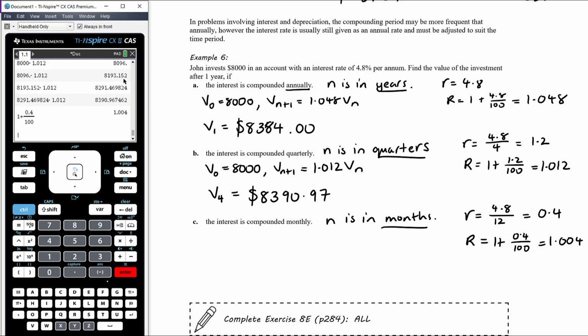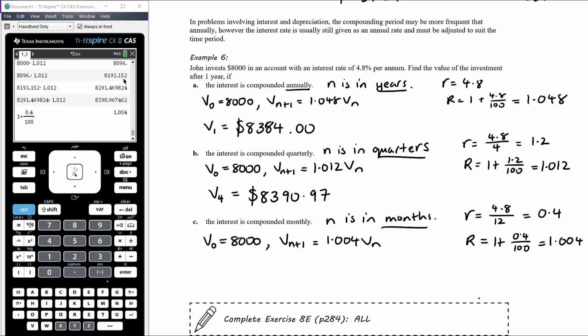That's a 0.4% increase every month. Using the method that I do in my head, I'd be thinking I'm increasing by 0.4% every month, so I'm ending up with 100.4% of what I started with. Percent means divide by 100. That's 1.004. So our recurrence relation in months is V0 is still 8,000, but to get from 1 month to the next month, we're multiplying by 1.004.